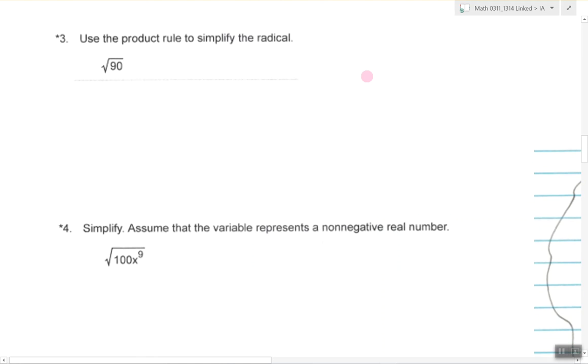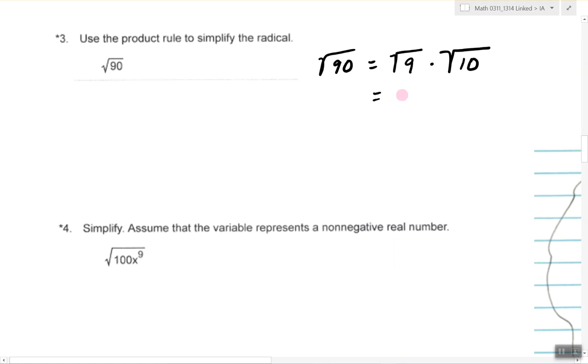All right, let's look at number 3. It says to simplify the square root of 90. All right, so the square root of 90. Sometimes you can do this in pieces if you don't get the largest perfect square first. The first thing that came to my mind was that 9 is a factor, and it is 9 times 10.